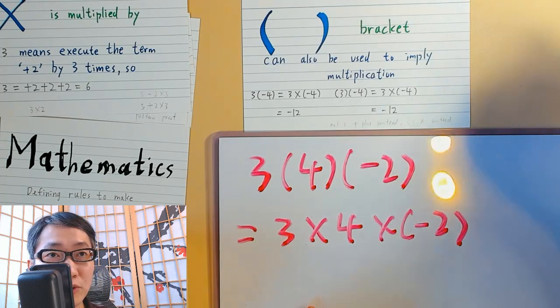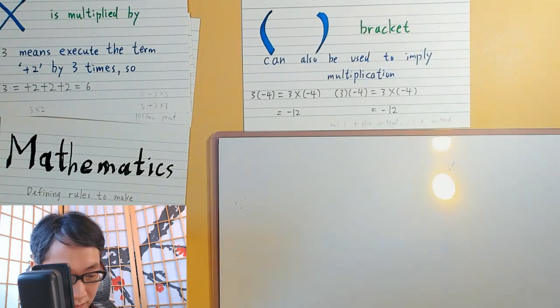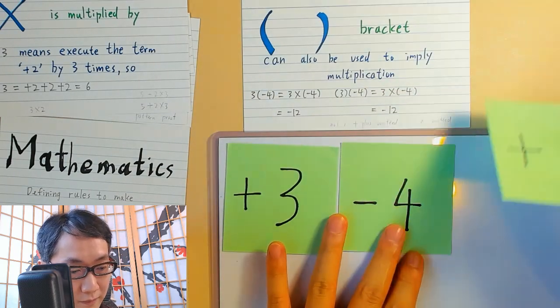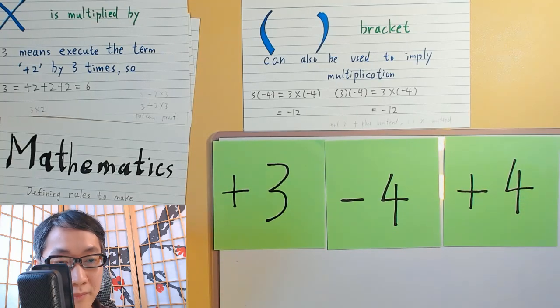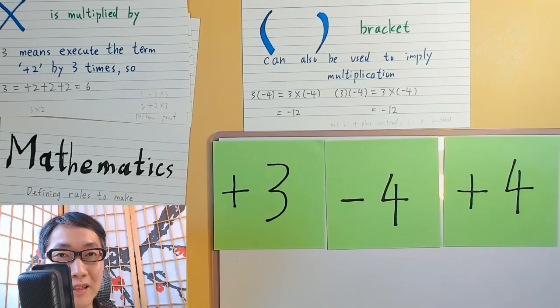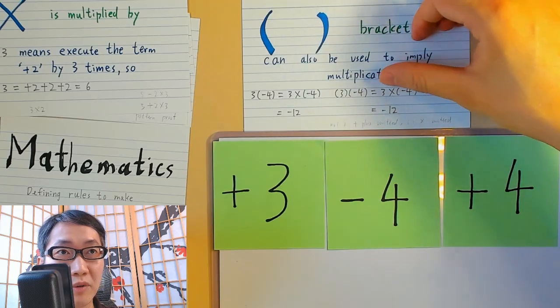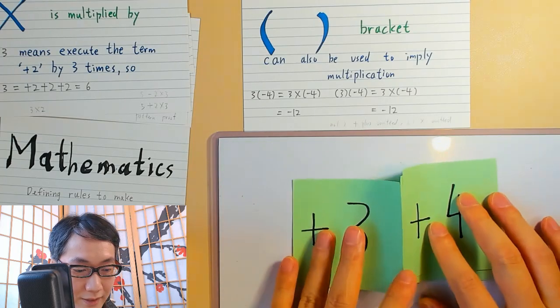And if we put terms together without brackets, like what we did previously, +3, -4, +4, we are adding them. So +3 plus -4 plus +4. Although the plus can be omitted because it does nothing, we are actually doing addition if we just put the terms together without brackets. And if we put the terms together with brackets, like here, we are multiplying them. It's very important.